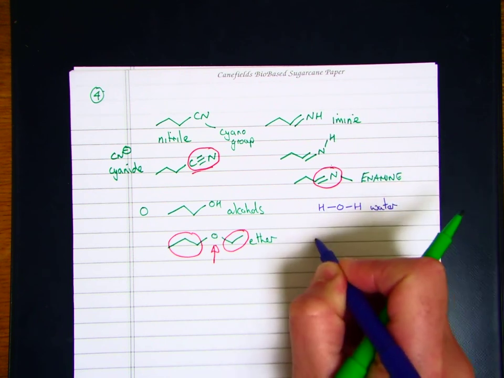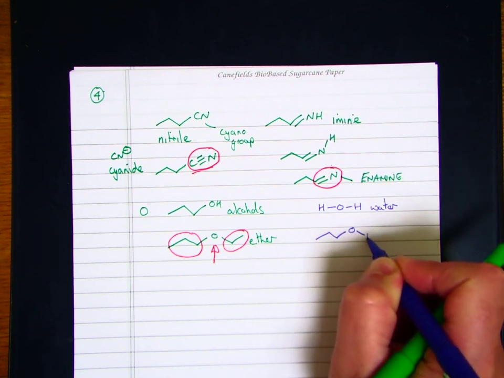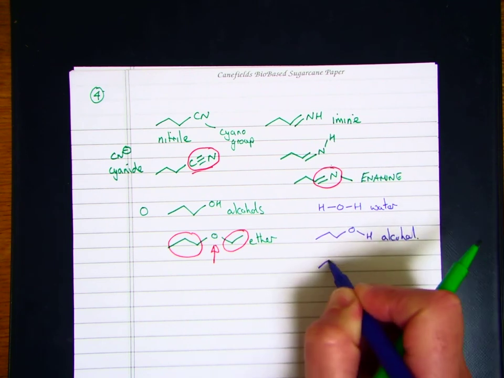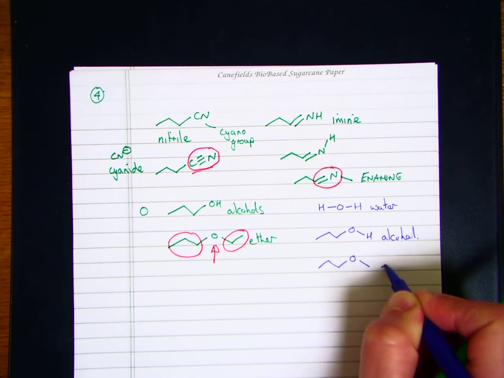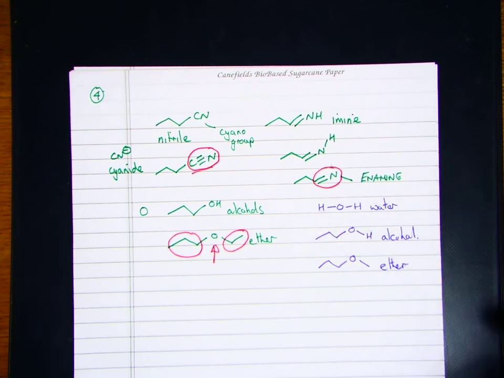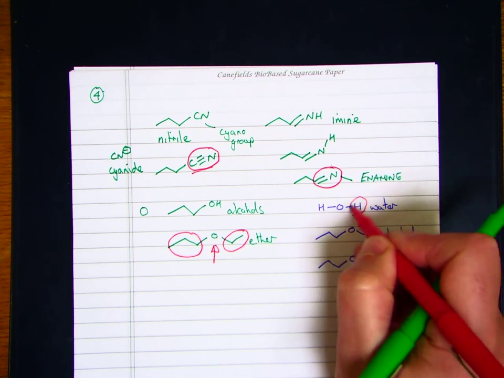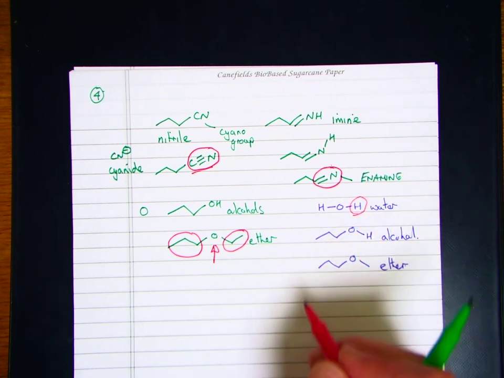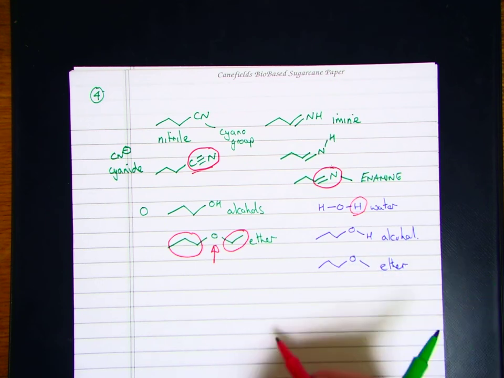If we replace one of the hydrogens, guess what? That's called an alcohol. And if we replace both hydrogens, we get an ether. That's all we're doing, replacing hydrogens with carbons. An alcohol has one carbon chain and an oxygen, and an ether has two carbon chains with the oxygen in between.